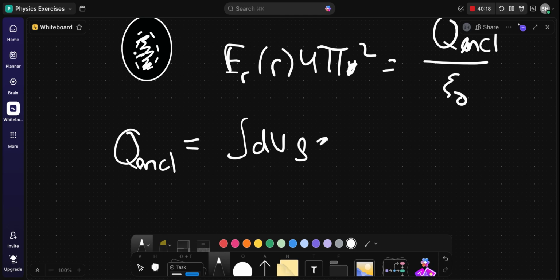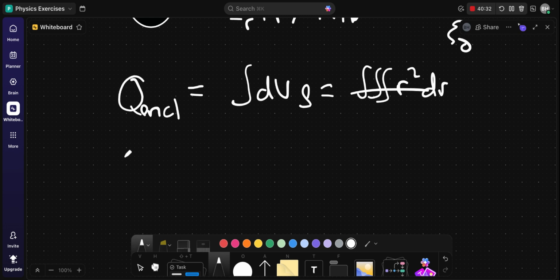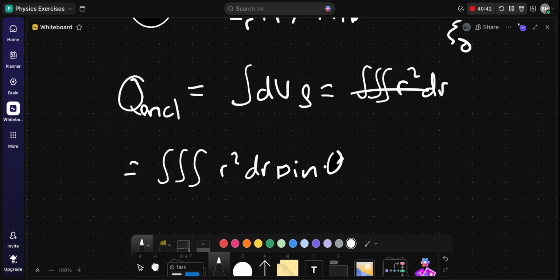We have a three-dimensional integral here, so the volume element is r squared dr sine theta d theta d phi.